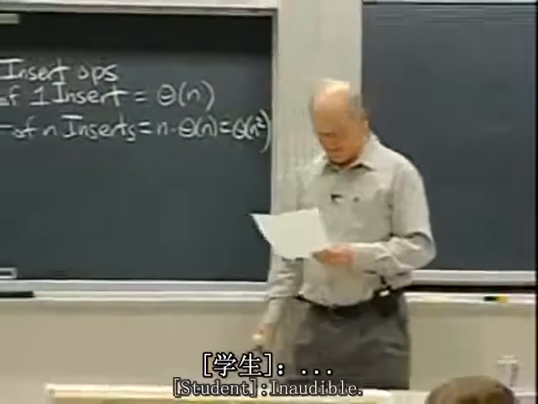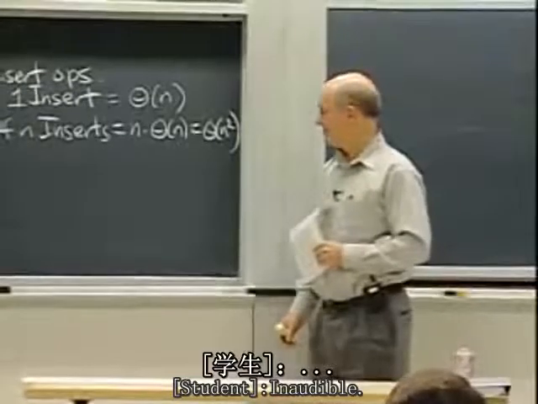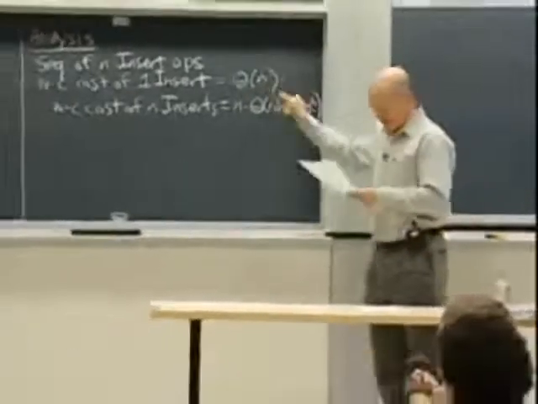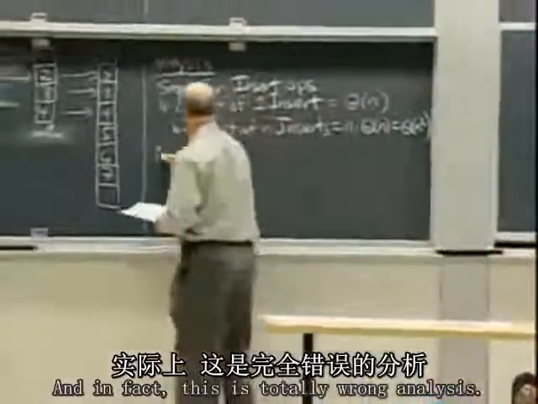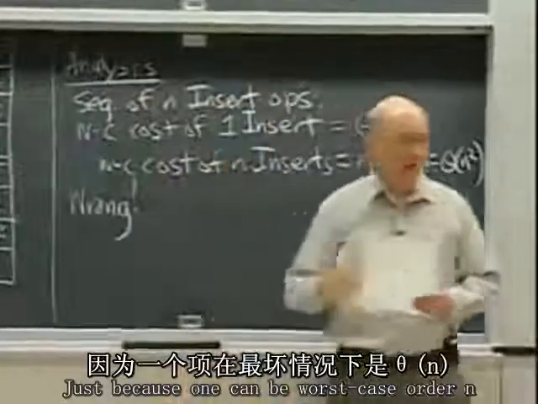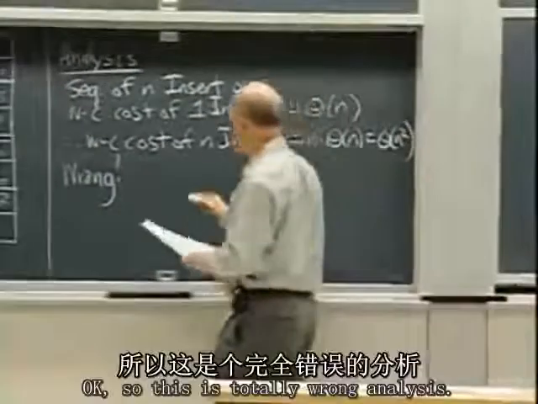You're not going to have good n inserts. Not all of them can be worst case. Yeah, not all of them can be worst case. Good. Okay? And in fact, this is totally wrong analysis. Just because one can be worst case order n doesn't mean n are necessarily order n. Okay, so this is totally wrong analysis.